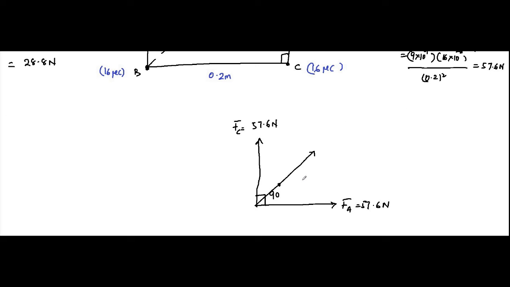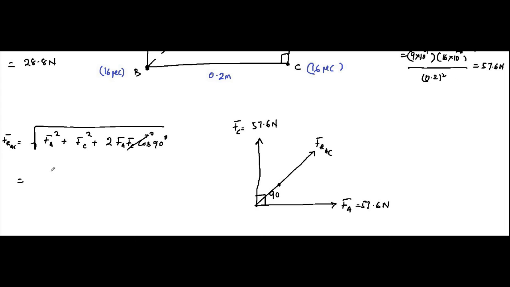So this will simply be equal to the root over FA square plus FC square plus 2 FA FC cos 90 degree, because the angle between them is 90 degrees. Cos 90 is equal to 0, so it is simply FA square plus FC square root. That will be equal to 57.6 root 2 Newton.